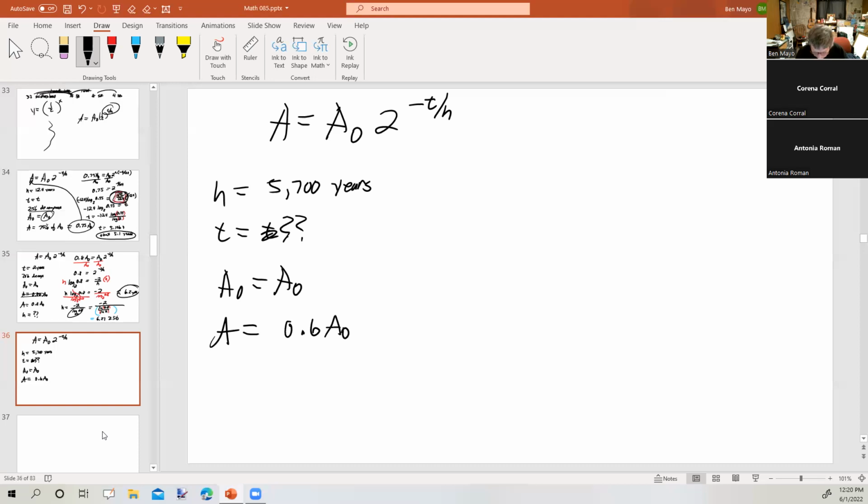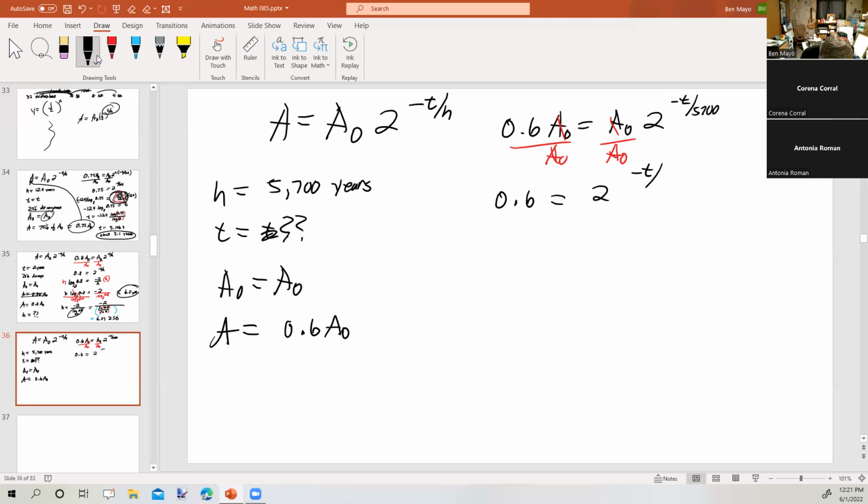Yes. Okay. So 0.6 a sub 0 equals a sub 0 times 2 to the negative t over 5,700 years power. Divide both sides by a sub 0. 0.6 equals 2 to the negative t over 5700 power. Change it into logarithmic form.